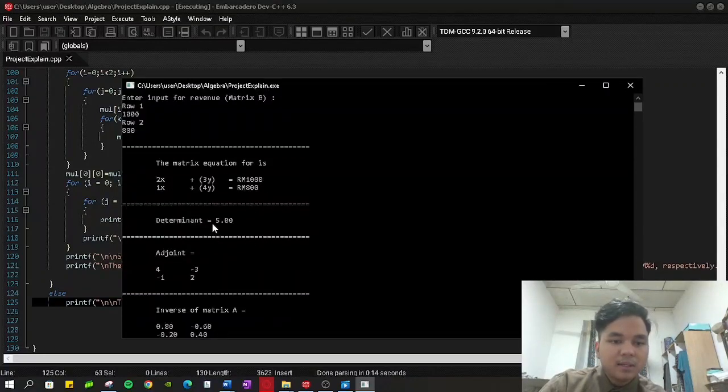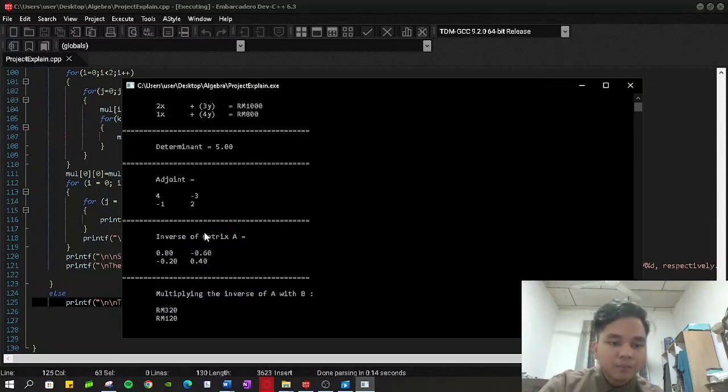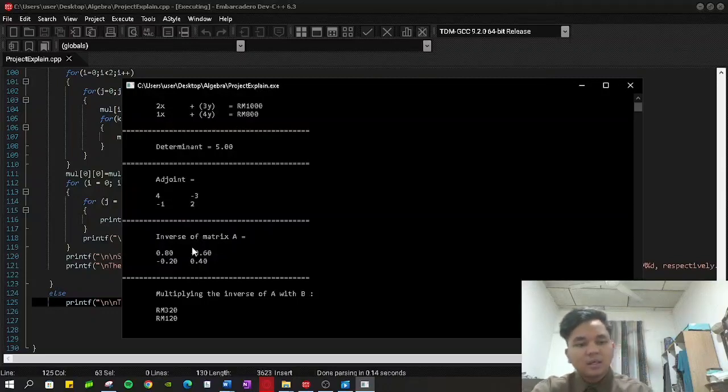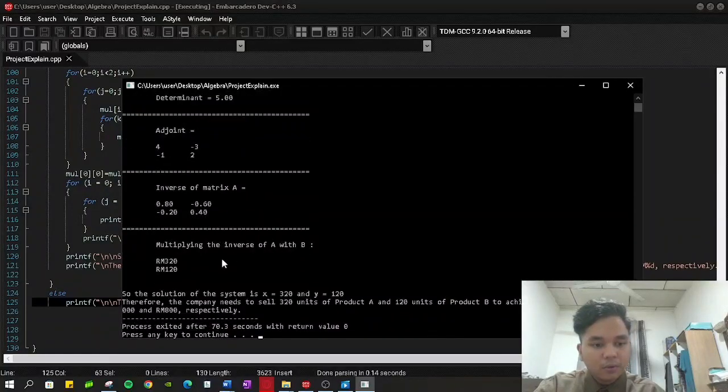So the determinant is 5, the adjoint is 4, negative 3, negative 1, 2. So the inverse of matrix A is 0.8, negative 0.6, negative 0.2 and 0.4. So the answer from multiplying the inverse of A with B is 320 ringgit and 120 ringgit.